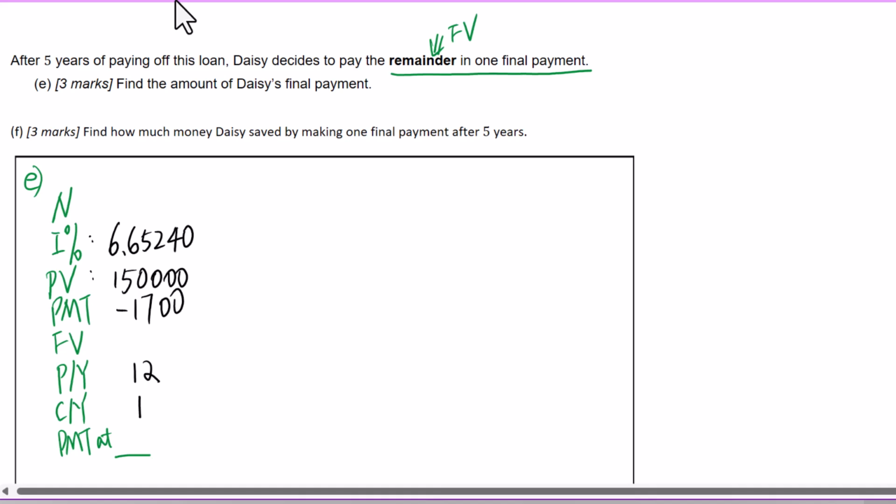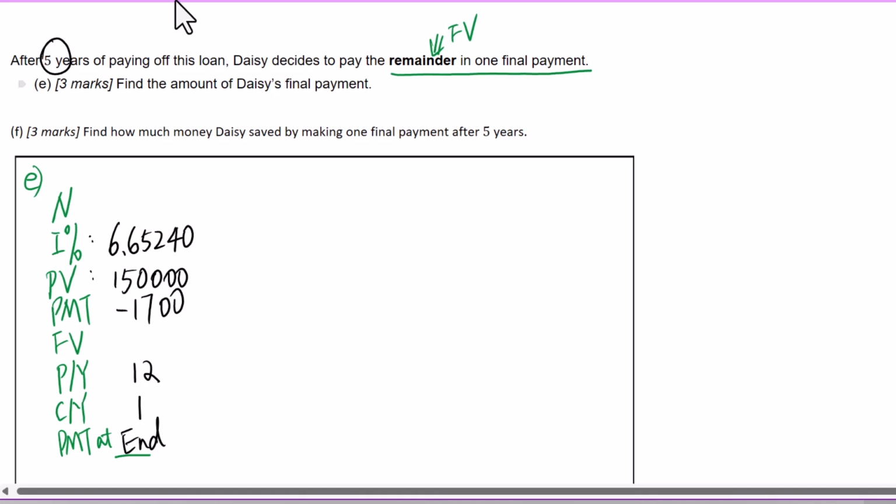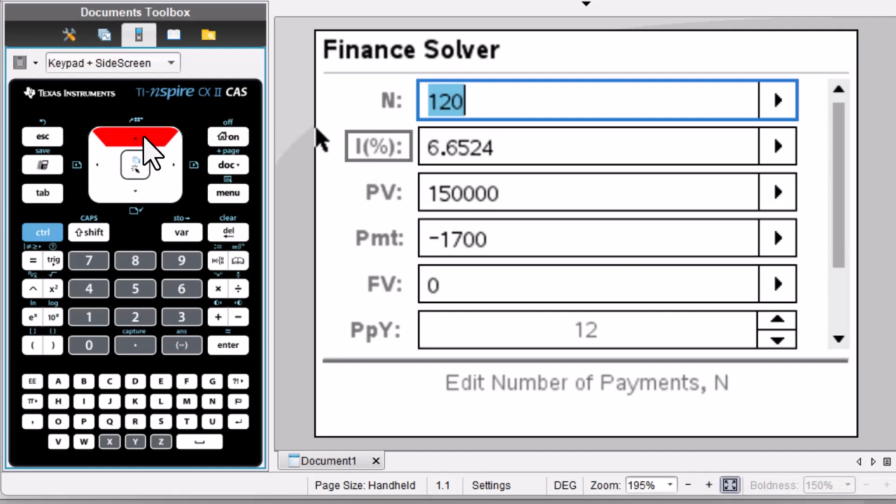That's the remainder. Payment per year is 12. Compounded annually, so CY is 1. PMT is at the end of each month. Look at the capital N equals total number of payments, 5 years. So 5 times 12 equals 60. Now we will change this capital N into 60.